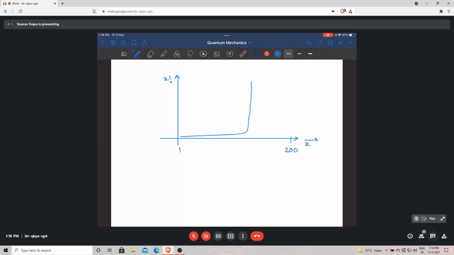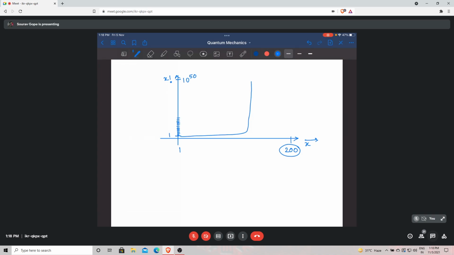Why? Because for x equal to 1 to 200, the value of the factorial will be very high. I suppose for 200 it is 10 to the power 50. We have to show all the values from 1 to 10 to the power 50 within a single curve, in a linear scale, where all the smaller parts, suppose 1 or 10, are at the same interval.